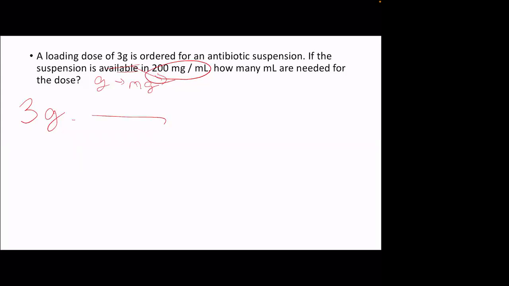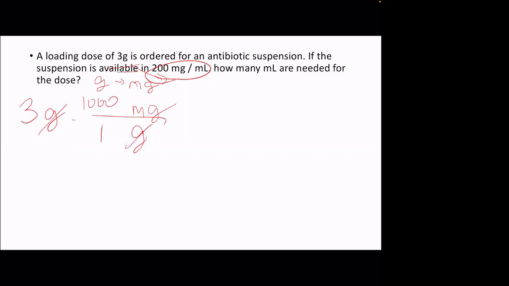And again, based off our conversation about the metric system, we have grams and milligrams. We want grams on bottom, right, so the grams cancels out. There are 1,000 milligrams in 1 gram, or again, 1 milligram is 0.001 grams. Either way, you can do it that way.